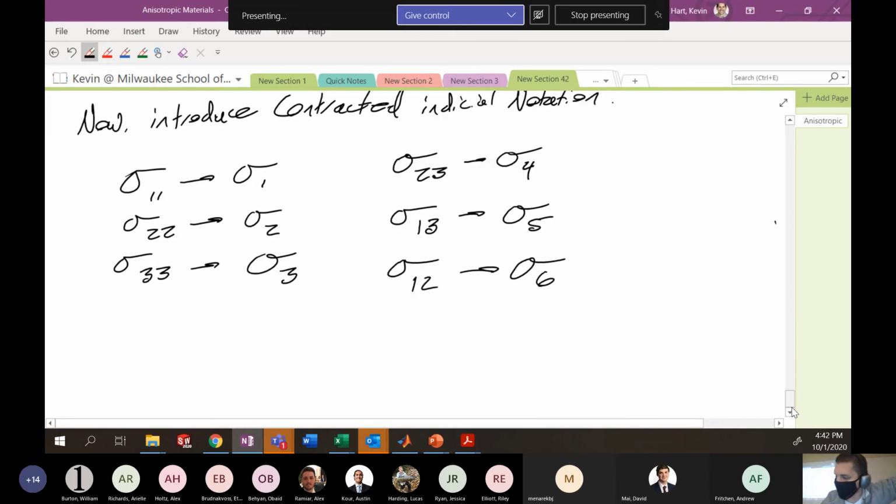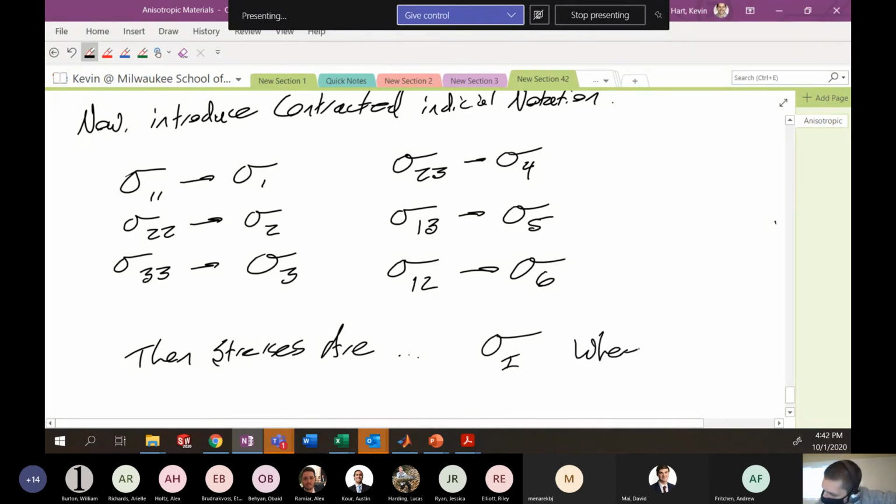So then stresses are represented with sigma capital I, where capital I goes from 1 to 6.